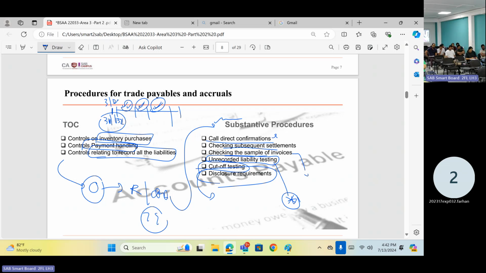Some of those may be estimates. You have to estimate that, and the estimate can be justified by using testing.